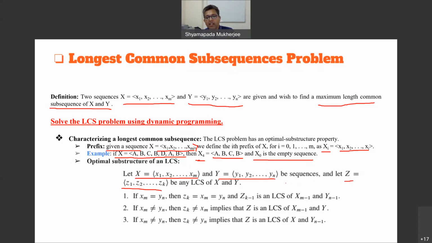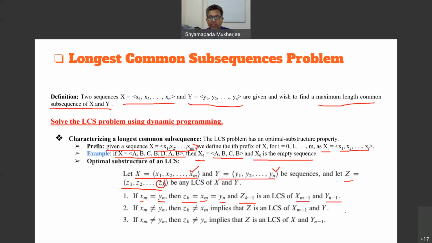So if z is the longest common subsequence of x and y, then what we can say is that if xm equals yn, that means the last element of x and the last element of y are the last element of the longest common subsequence. So if zk, the last element, equals xm equals yn, then this problem is reduced to finding the longest common subsequence z(k-1) between x(m-1) and y(n-1).